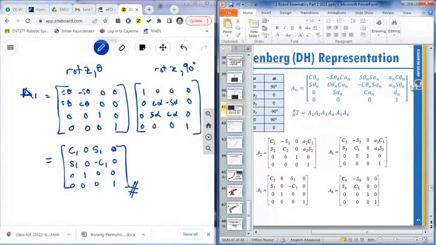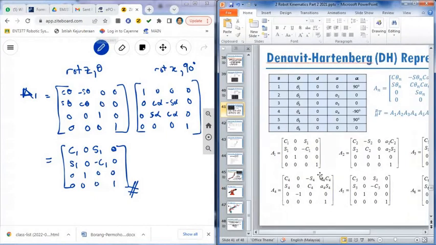So this is the last matrix generated by the DH method. This is your final matrix. If you have any change, this is fixed. Alpha is fixed because of your mechanical design. A is fixed because of the length of your arm.